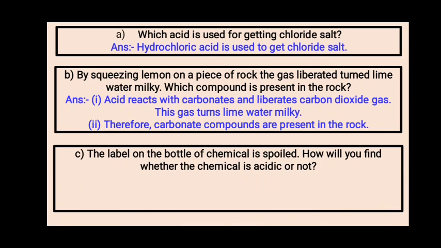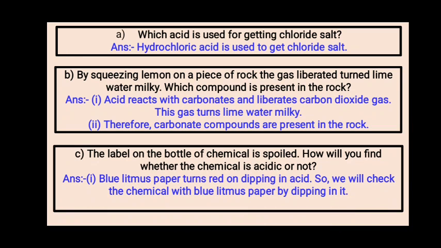Third one, the label on the bottle of chemical is spoiled. How will you find whether the chemical is acidic or not? Now, if there is any bottle and you don't know whether the substance in it is acid or not, how will you identify it? By making use of different indicators. So, you can take a litmus paper. Now, if you want to find whether it is acid, you will take a blue litmus paper.